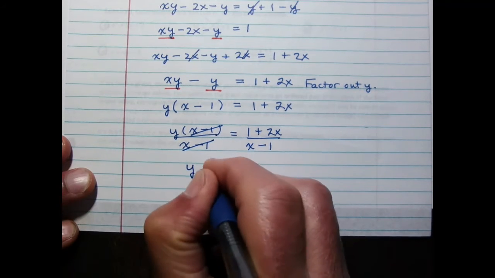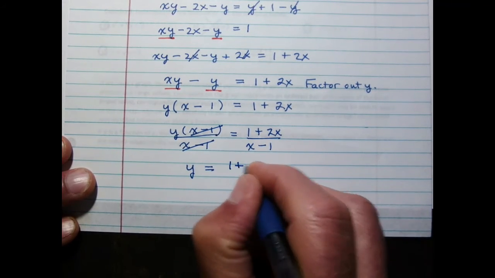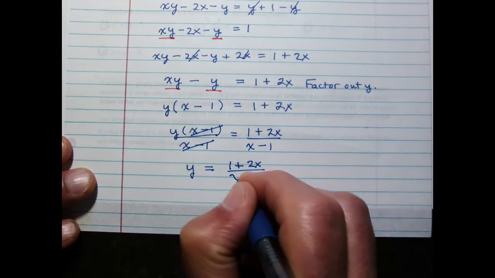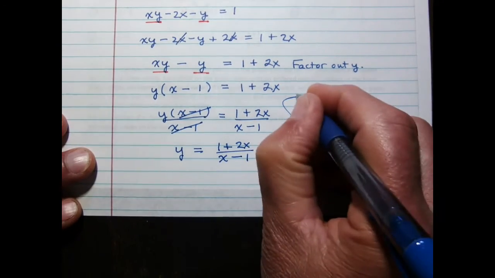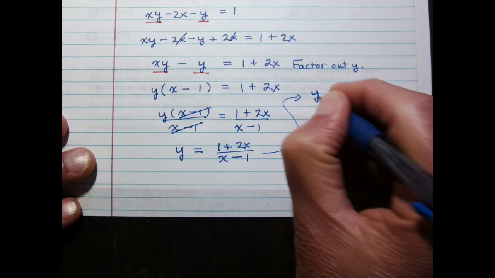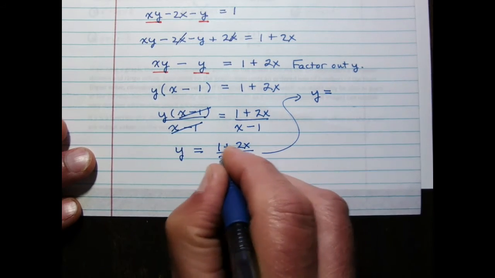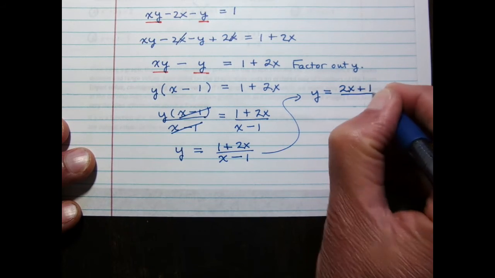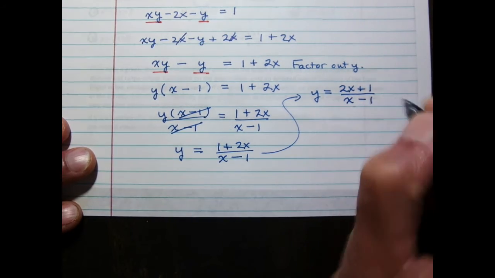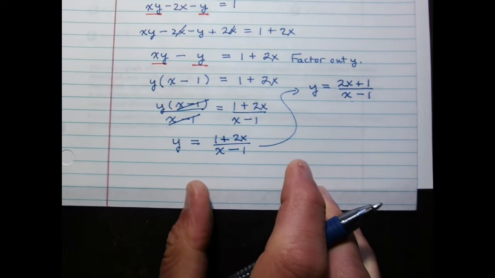And we have y is equal to 1 plus 2x over x minus 1. It's fine just the way it is, but I'm going to rewrite that numerator because addition can be written in either order. I'll write it as y equals 2x plus 1 over x minus 1. We now have y solved for.